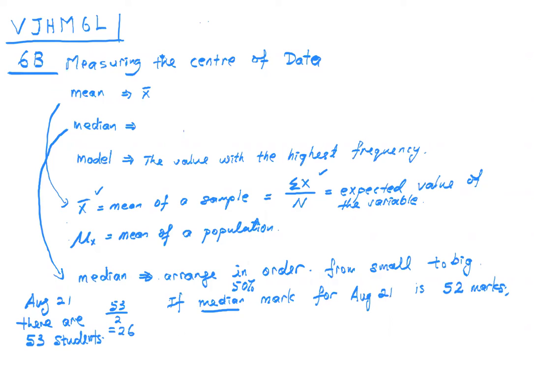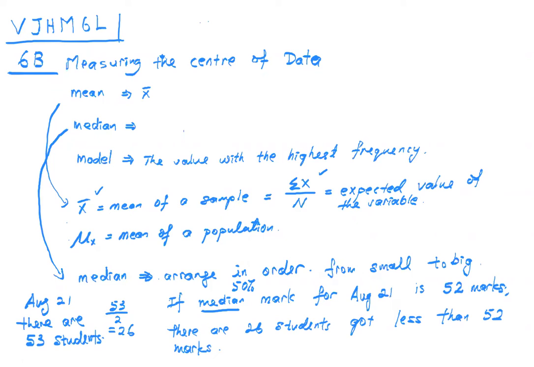So I can say that there are 26 students who got less than 52 marks. So that is the meaning of median.